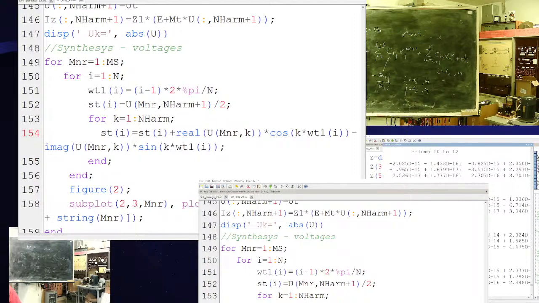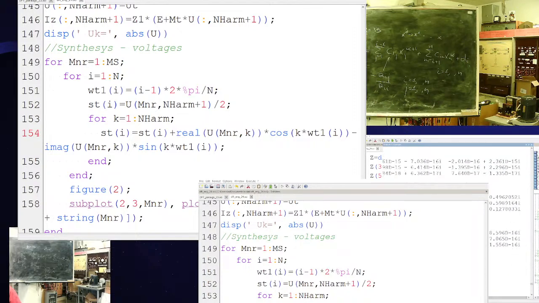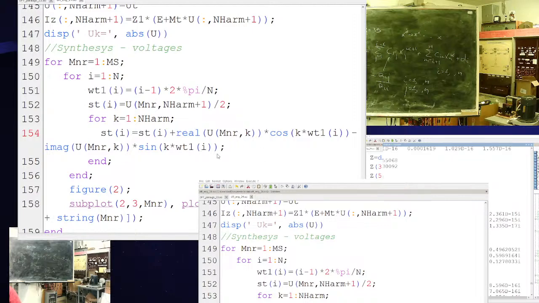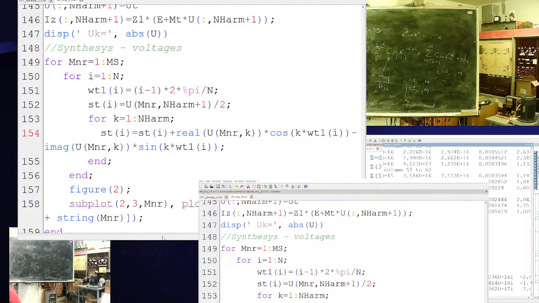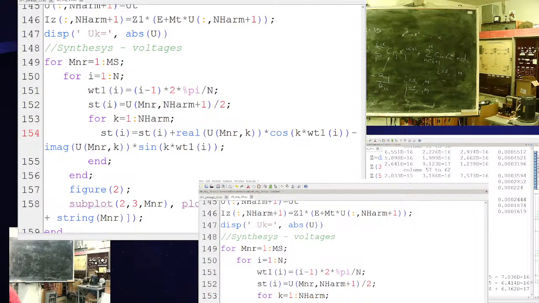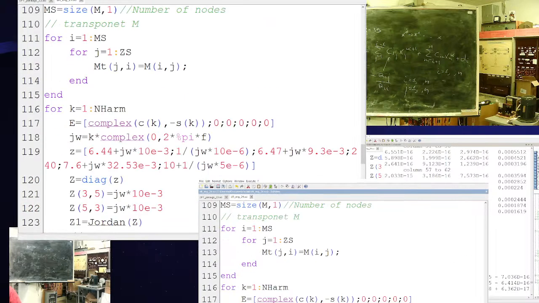Oops. And this is wrong. Yeah, this is not good. Not a number, not a number, not a number. I don't like not a number. I made a mistake somewhere. Not a number, it's not good.